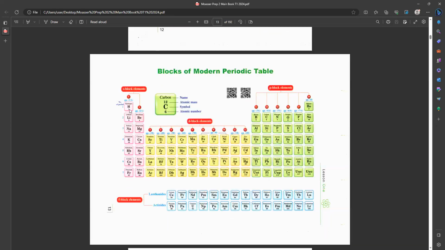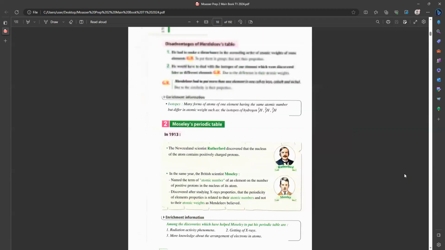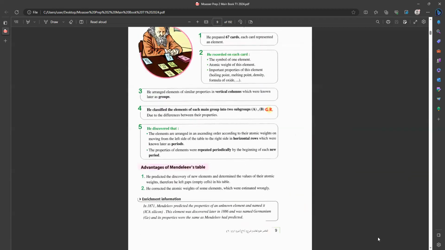He found the first element in period 1 has the same properties as the first element in period 2, and also in the third period. So he found that at the beginning of each new period, the properties repeat periodically. So we call it the periodic table. This is why it's called the periodic table: Mendeleev found that the properties of the elements repeat at the beginning of each new period.